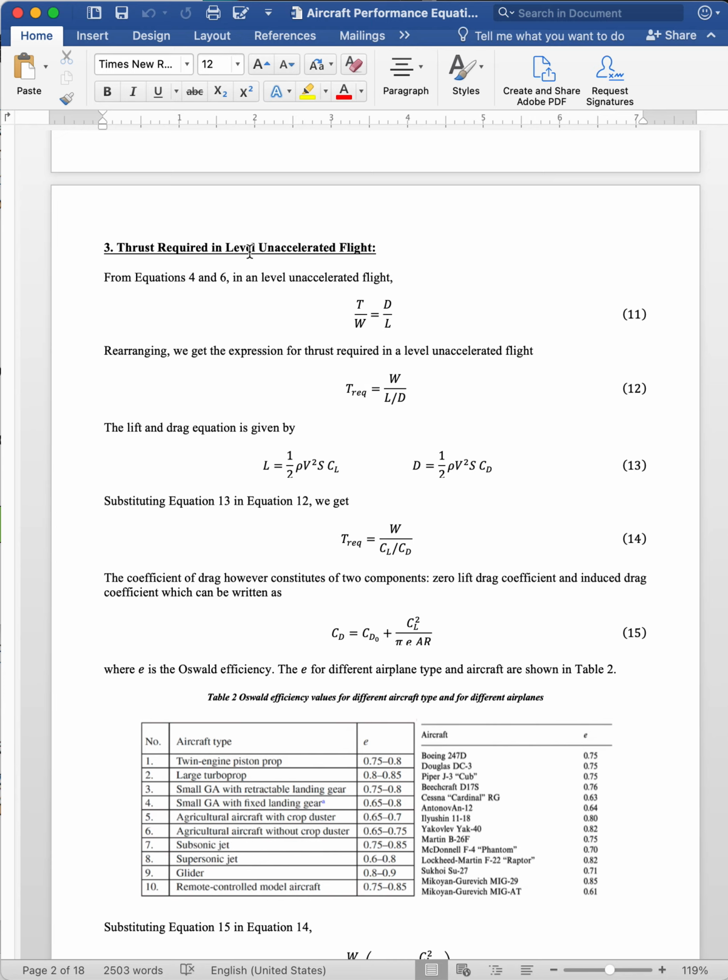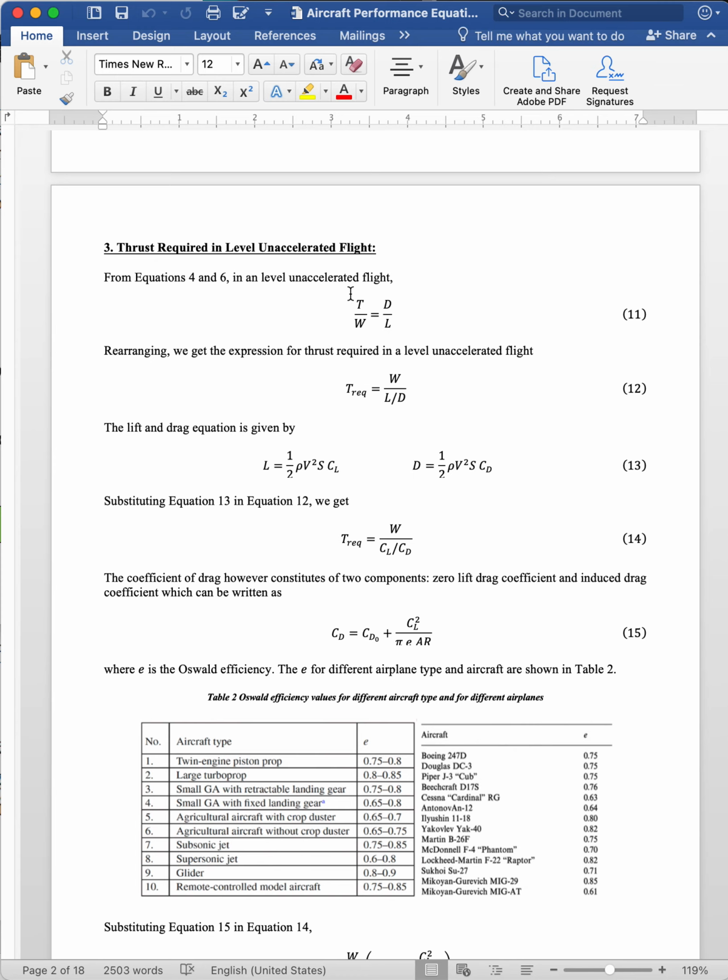Because if you were to design an airplane, which you are going to, how on earth are you going to know how much thrust your airplane requires? Right. Again, you see why we are learning this. This is the reason why we are covering this in the first couple of weeks, because these equations are fundamental for the aircraft design process.